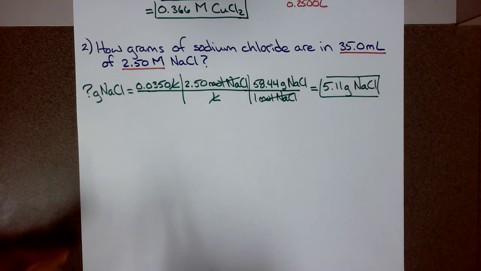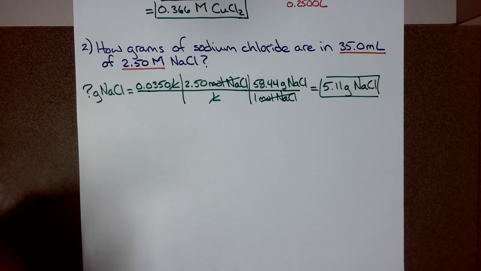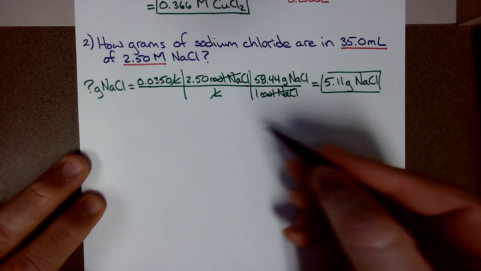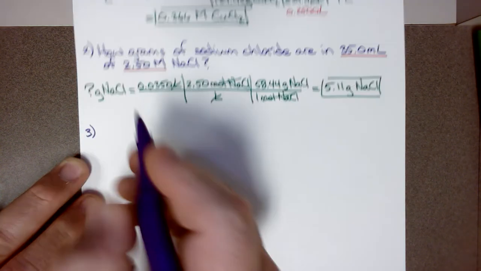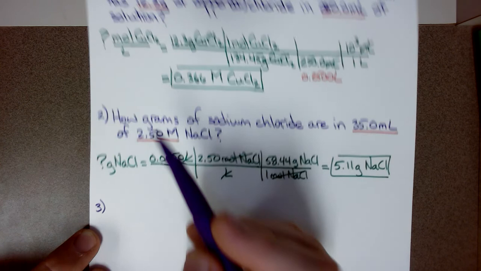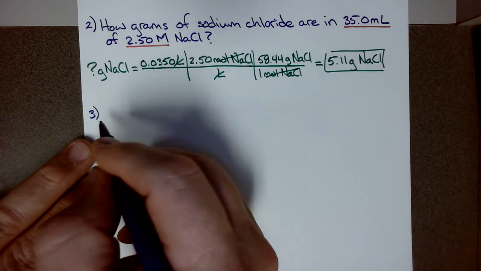Now, the last one that we're going to look at here for calculating molarity will be number 3. So if you'll notice here, we looked at concentration. Here we had to find grams. The last one, of course, is going to be determining the volume.